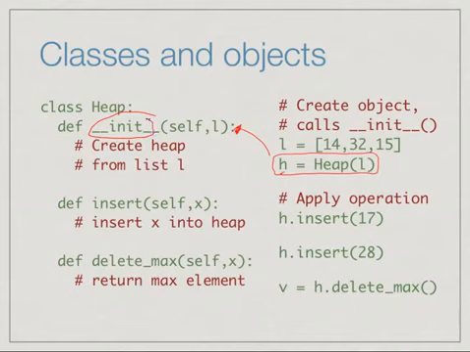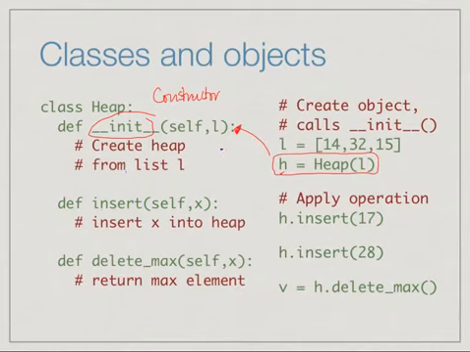So init is what is called a constructor. A constructor is a function that is called when the object is created and sets it up initially. In this particular case, our constructor is presumed to take an arbitrary list of values, say 14, 32, 15, and heapify it. So somewhere inside the code of init, there will be a heapification operation, which we have not actually shown in this slide.